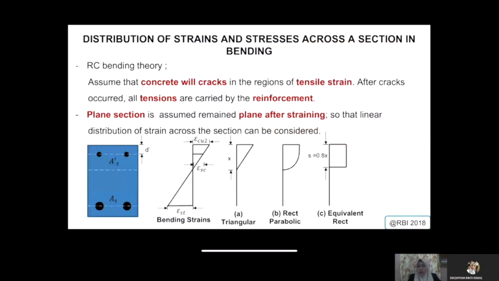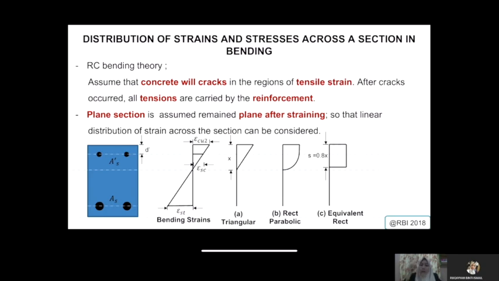So this is the distribution of strains and stresses across the section in bending. In RC bending theory, we assume that concrete will crack in the regions of tensile strain, so after cracks occur, all tension is carried by the reinforcement. A plane section is assumed to remain plane, meaning there will be no different angle and so on, so a linear distribution of strain across the section can be considered.